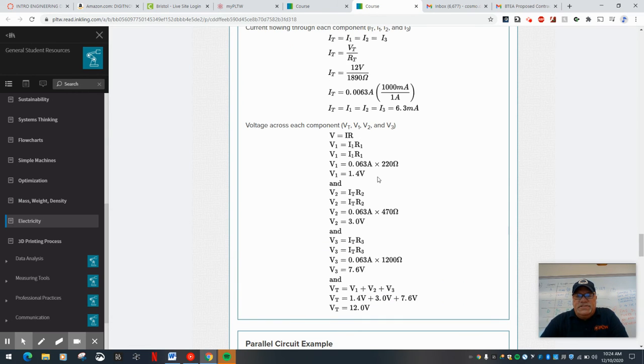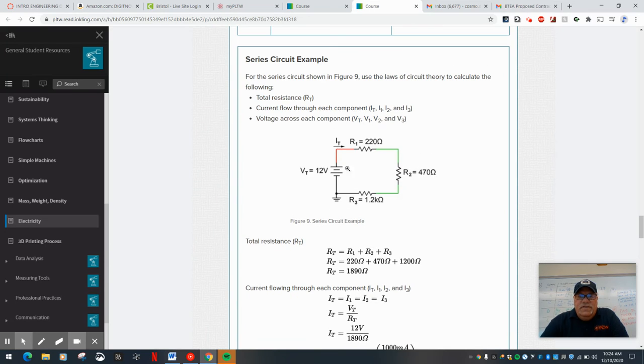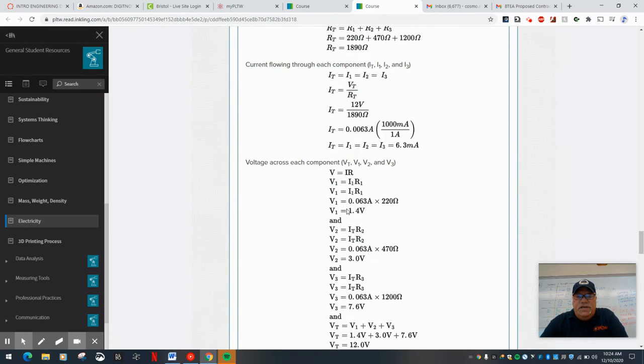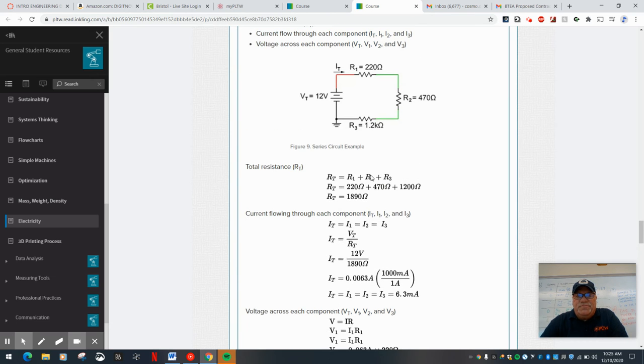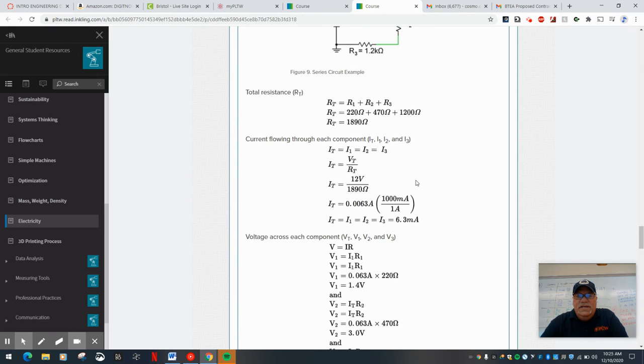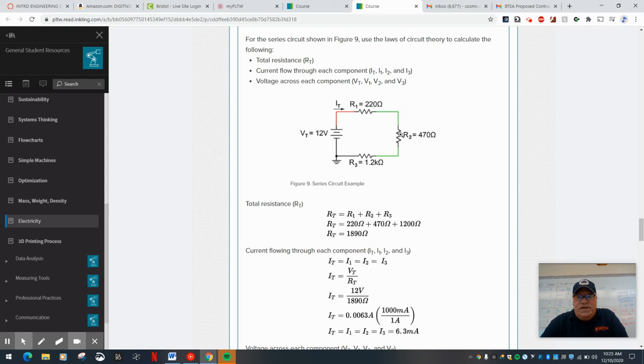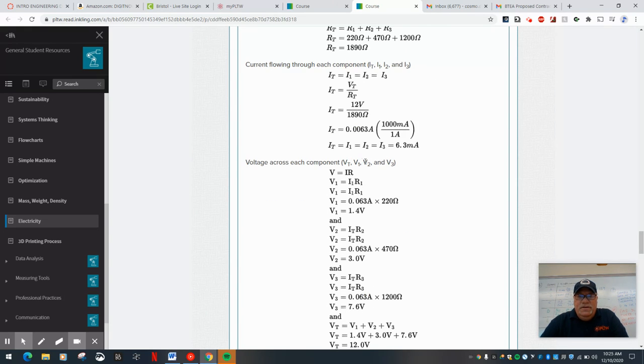And then here are our voltage drops across V1, V2, and V3. V1 would be the current times the resistance, which would be 6.3 milliamps times 220, because we found that right up here.